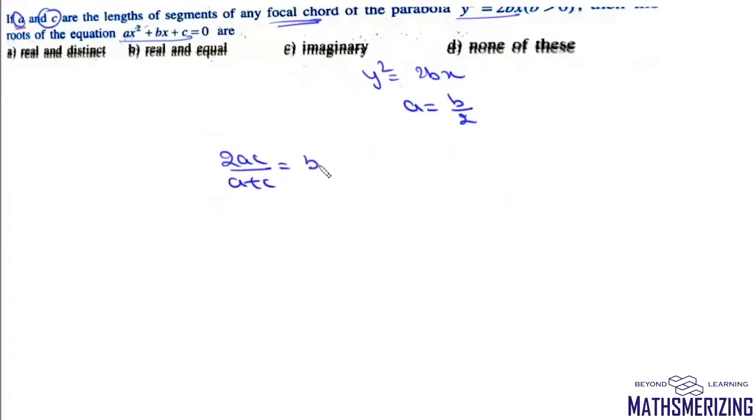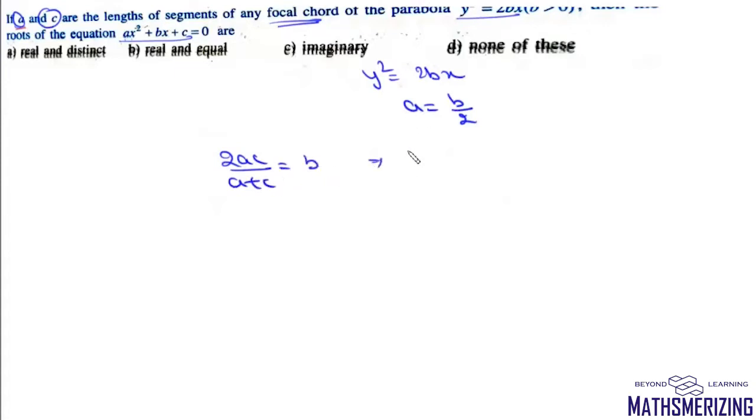Now here the question is, if A and C are lengths of segments of any focal chord of the parabola y square equals 2bx, then we need to find the nature of roots of the equation ax square plus bx plus c. Now for this parabola, we know that the semi-latus rectum is b, and for any focal chord, the harmonic mean of the segments of the focal chord is equal to the semi-latus rectum, which in this case is b.